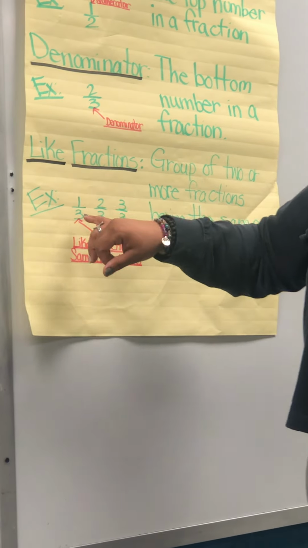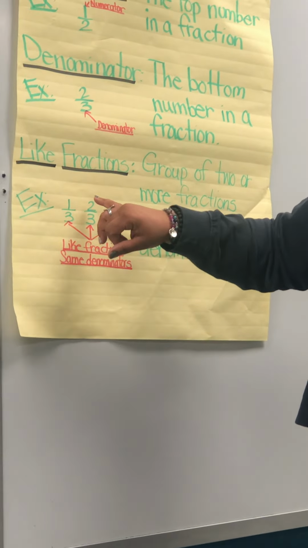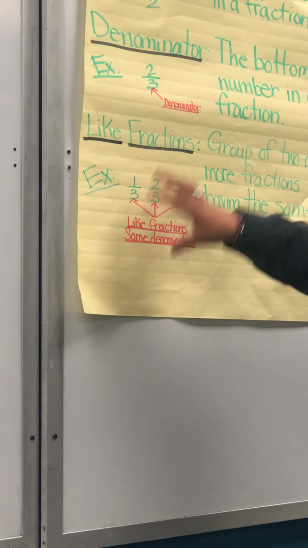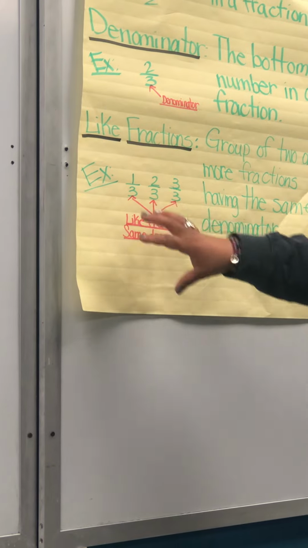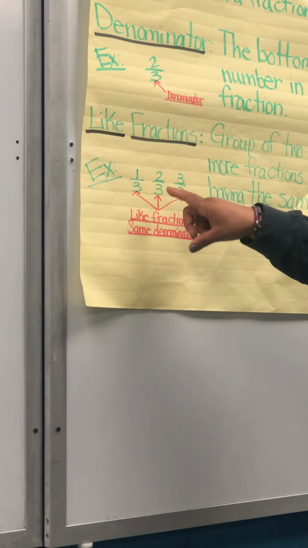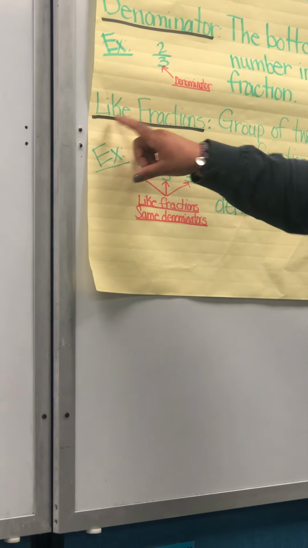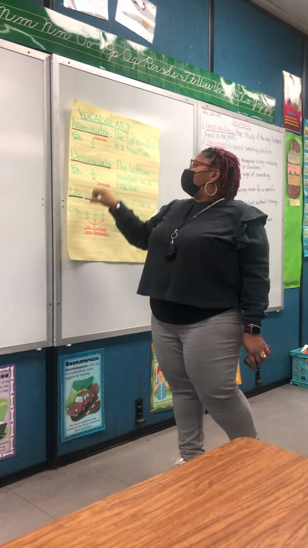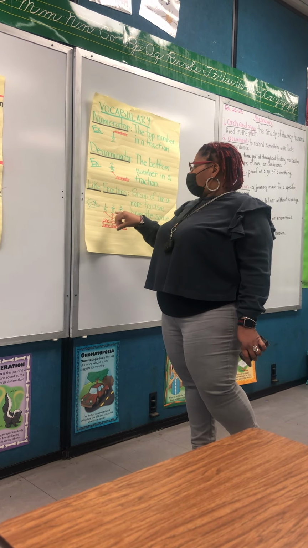Okay, so for example, I have 1 over 3, 2 over 3, and 3 over 3. So all of these fractions, the one thing that they have in common is that they all have the same denominator. That makes them like fractions. Okay, so that's basically what we're going to be dealing with. Everything is like fractions. So you're going to see the same denominator, okay?